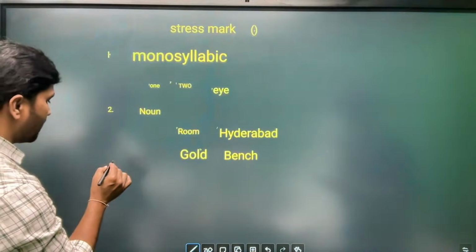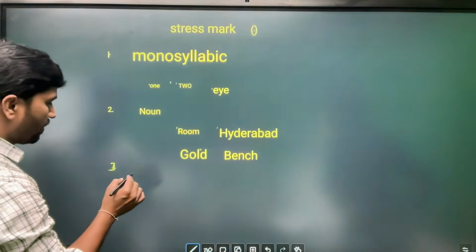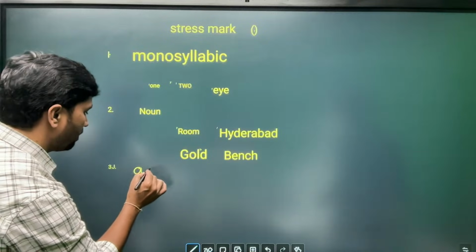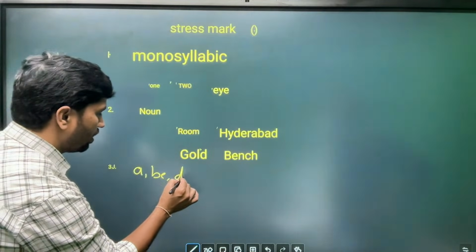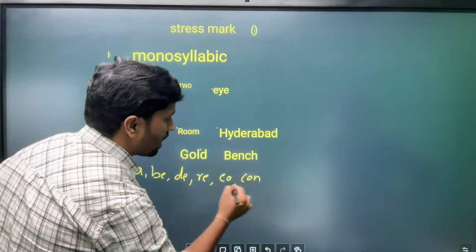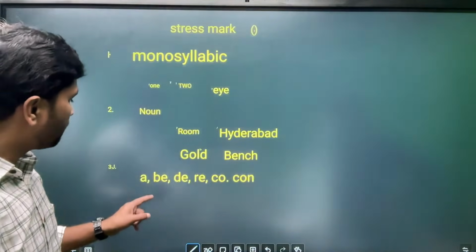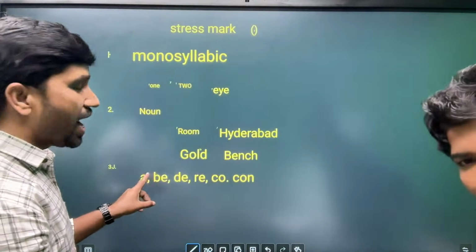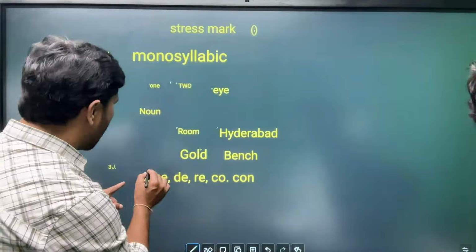When disyllabic words start with A, B, D, R, C, O, N, remember once, the stress mark immediately comes after these.